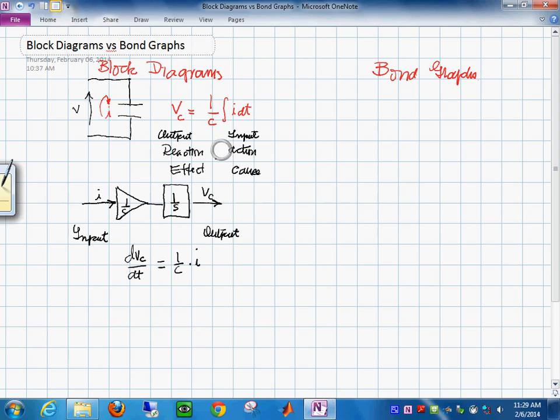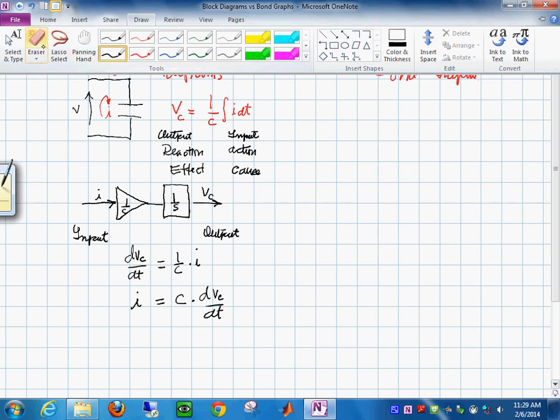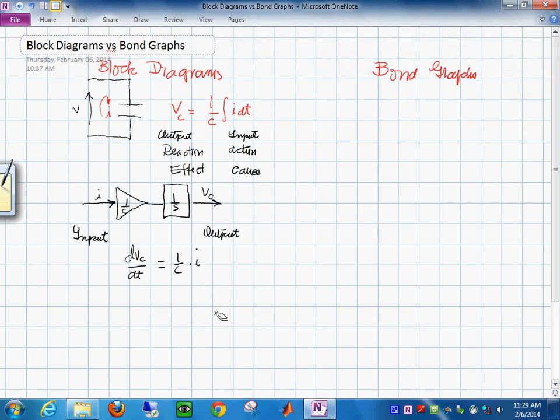So I could perhaps write it a little different way, that my output I is equal to C times dV sub C dt. Let me just switch colors because I want to compare with the other one, and I'll rewrite it in red here because I want to make sure that you could actually distinguish. I'm just going to write the same thing, that I is equal to C times dV sub C dt, like that. See?